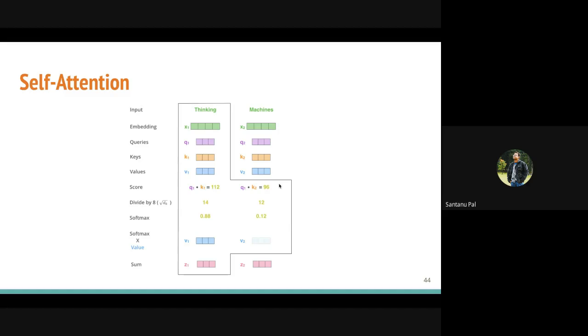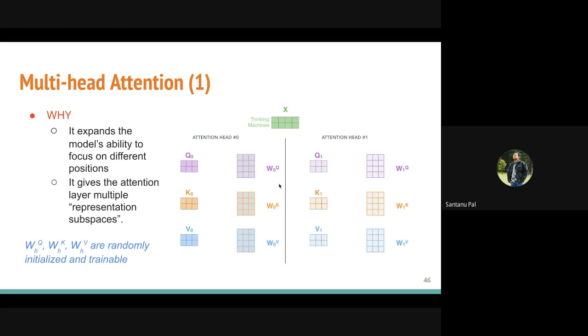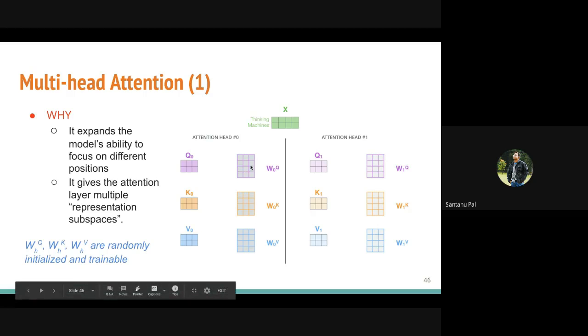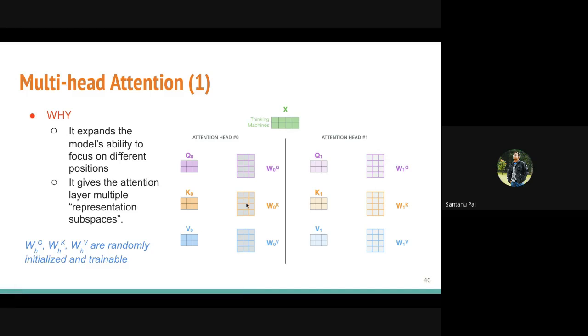So to achieve that, we randomly initialize these weight values several different times. For example, for Q, the weight matrices W0 Q and W1 Q are randomly initialized and their values are not the same, they are different. So after multiplying with W0 and W1, the representations will be different.